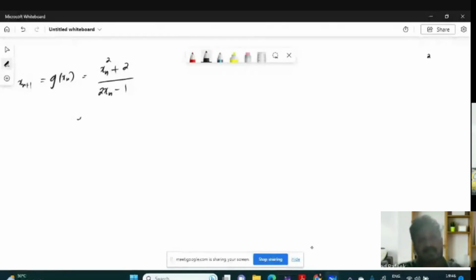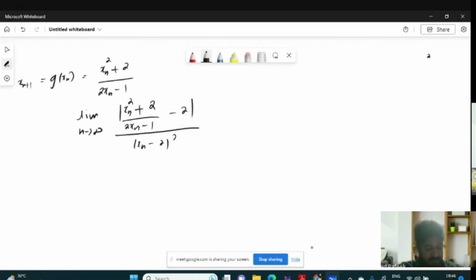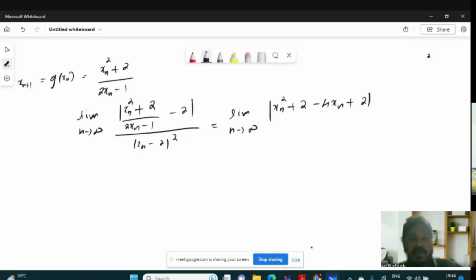Limit n tends to infinity of (xn square plus 2 over 2xn minus 1 minus 2) divided by modulus of (xn minus 2) whole square. On subtraction, you will get xn square plus 2 plus 2 divided by (xn minus 2) whole square into (2xn minus 1).